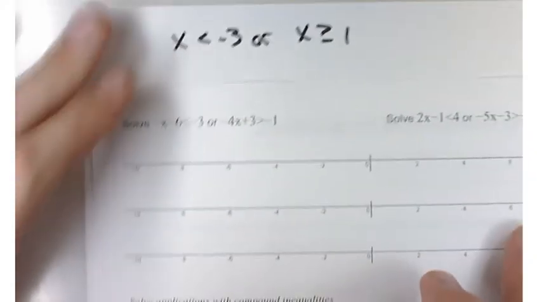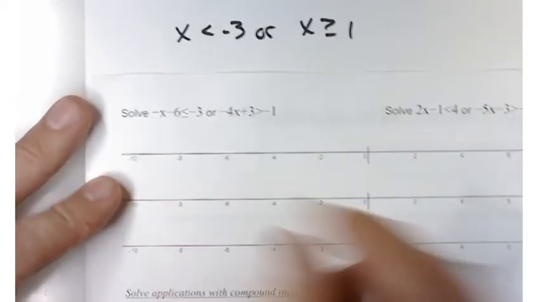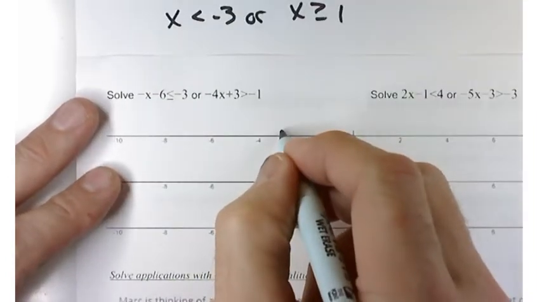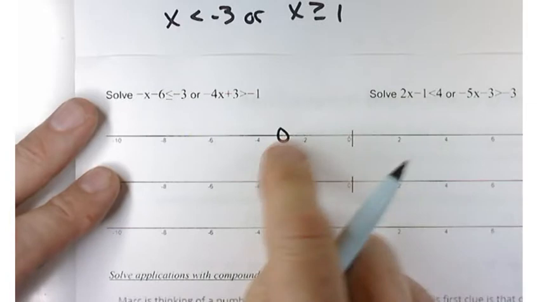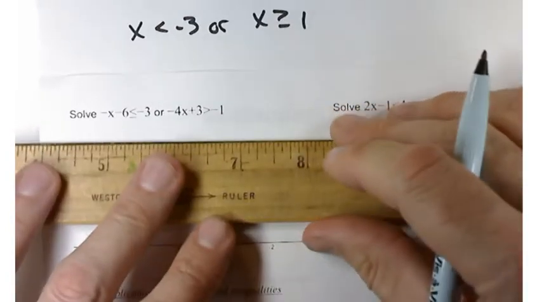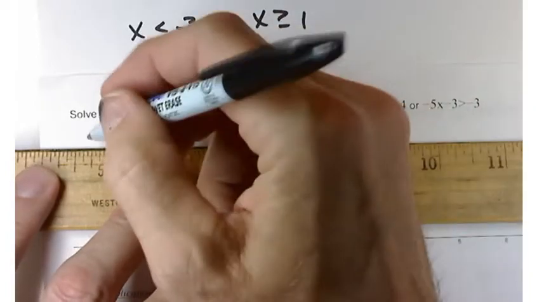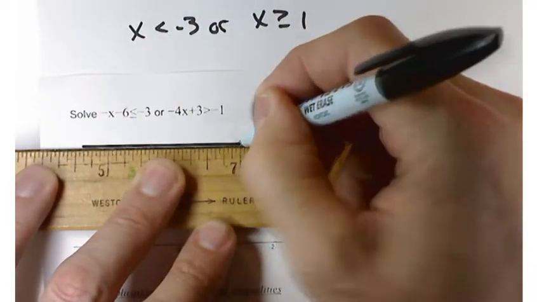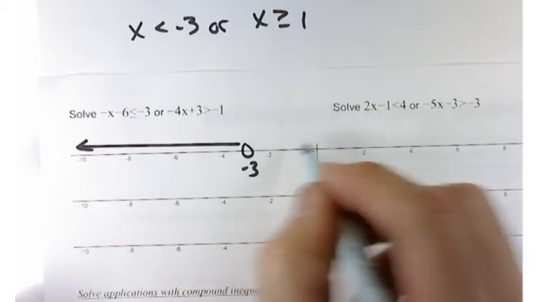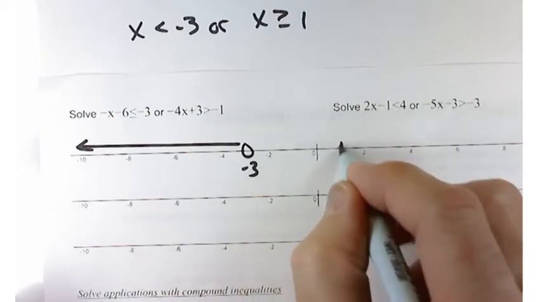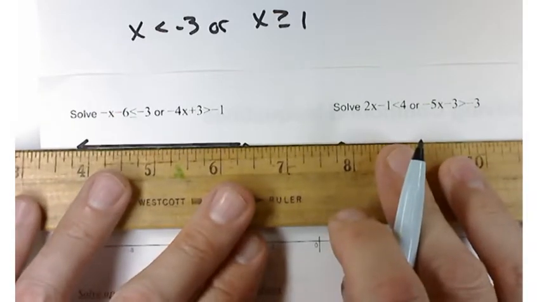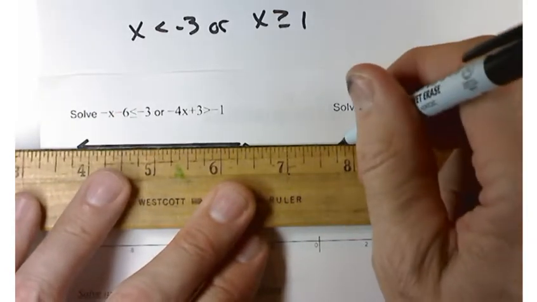So I'll put that one here on the back side. X is less than -3. Well, it's going to be a hollow dot on -3, and an arrow goes to the left. X is greater than or equal to 1 is going to be a solid dot. And again, draw the arrow. This time it goes to the right.